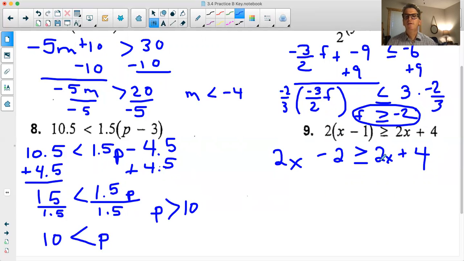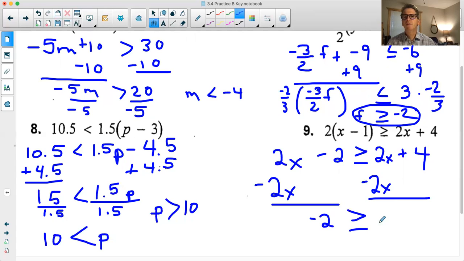And by subtracting 2x from both sides, that brings you down to -2 is greater than or equal to +4. And this just doesn't make sense. It's not greater than or equal to +4. So this is no solution.